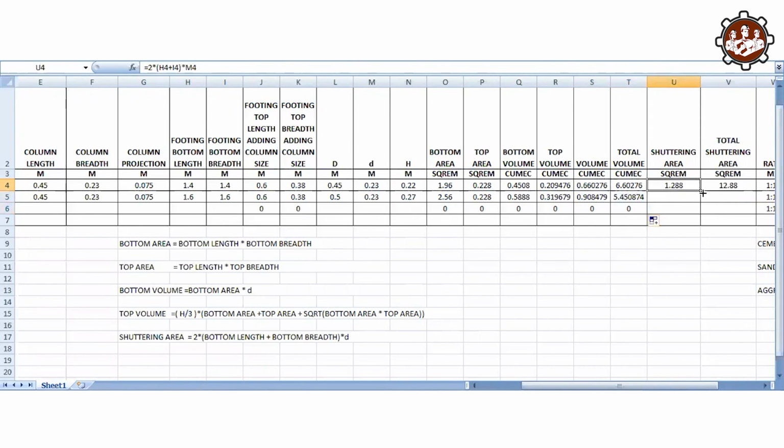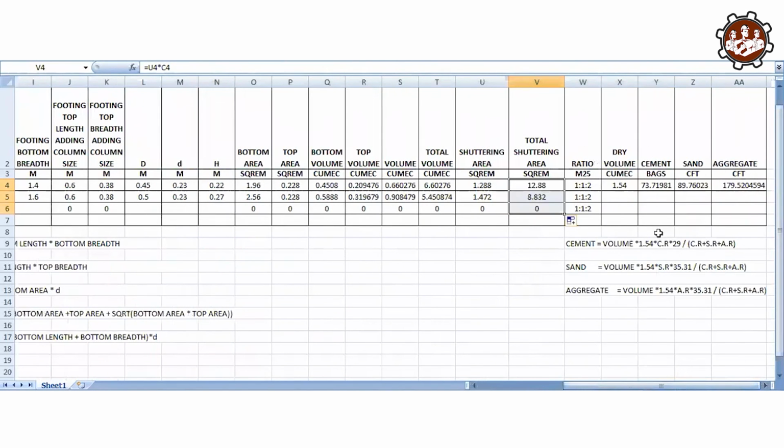This is the shuttering area. The dry volume factor is the same for all. We are already applying the standard formula for the cement calculation, so we just drag.